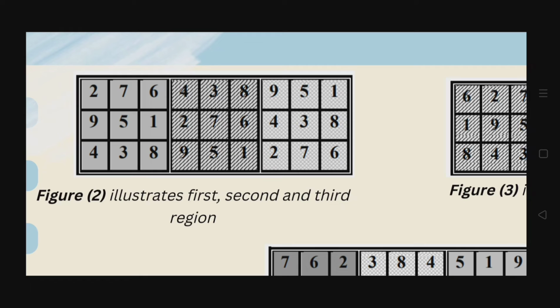Right? Our 951 is now in the third. Now, the first row of our first region, 276, is now in the second row of the second region, 276.